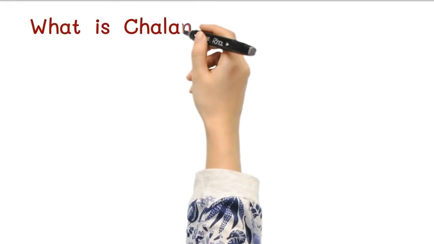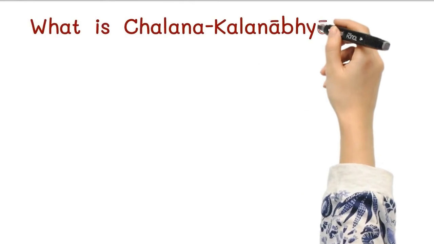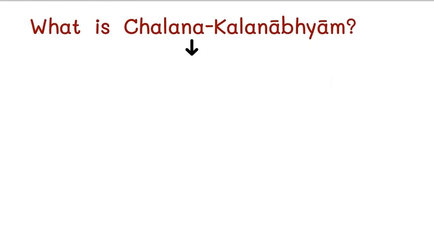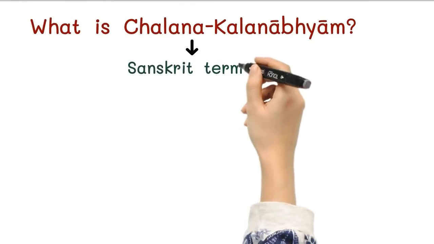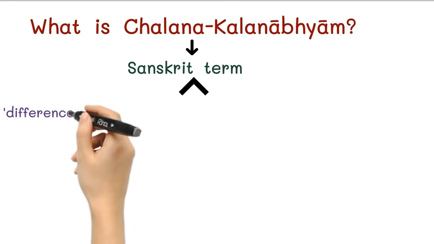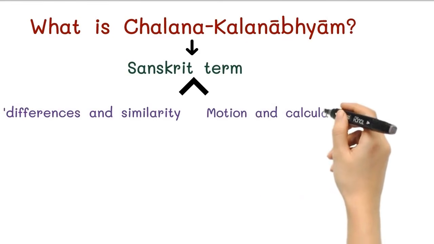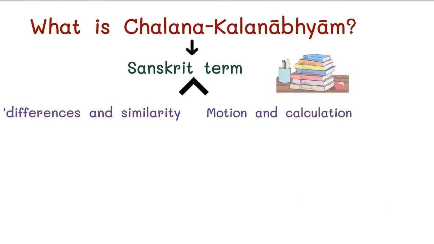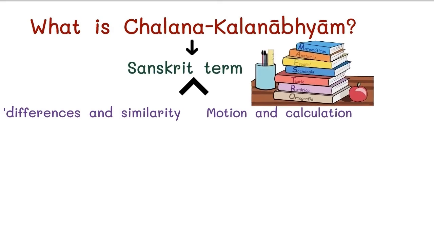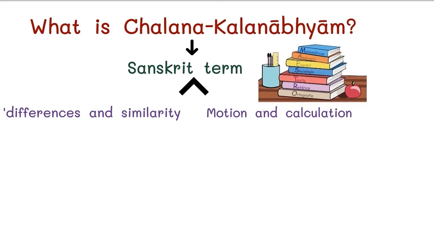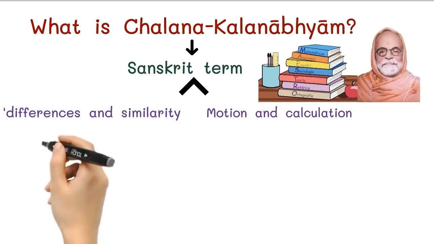Let us understand what is Chalana Kalanabyam. Chalana Kalanabyam is a Sanskrit term that translates to differences and similarity, or we can say motion and calculation. It forms one of the 16 primary sutras presented in the book Vedic Mathematics by Bharti Krishna Tirthaji.